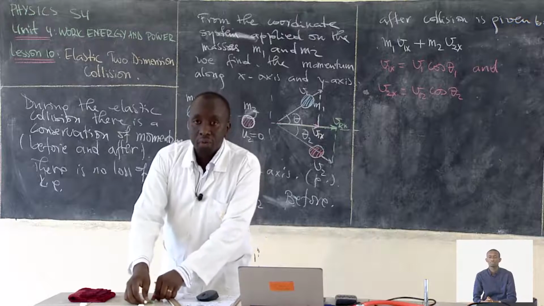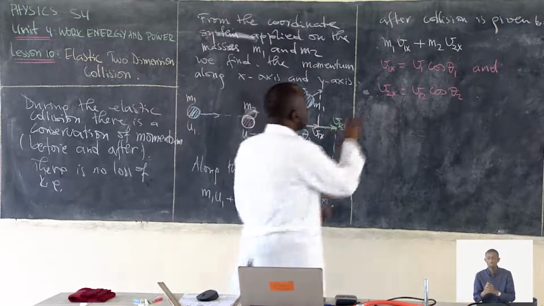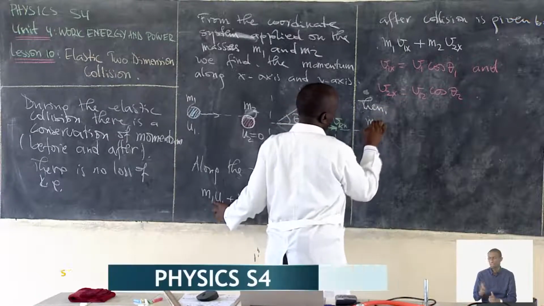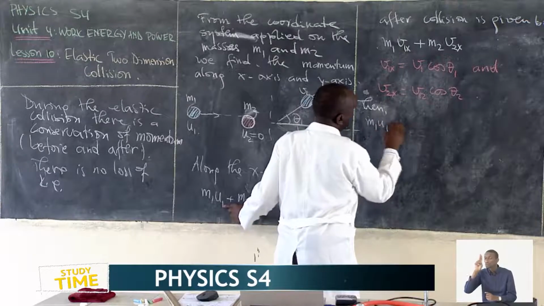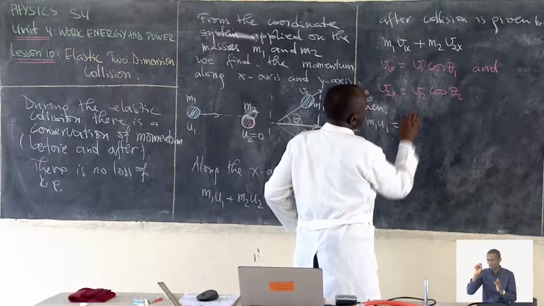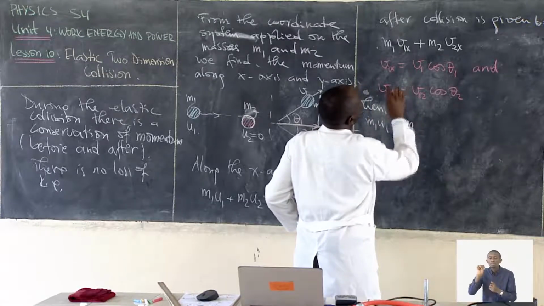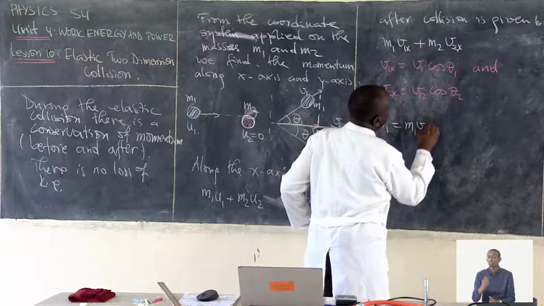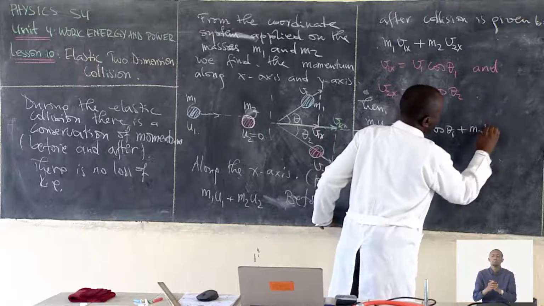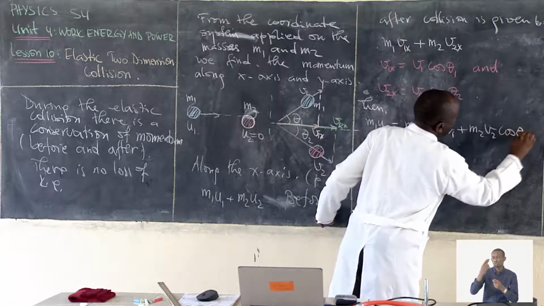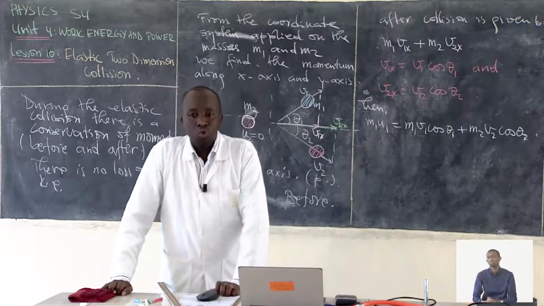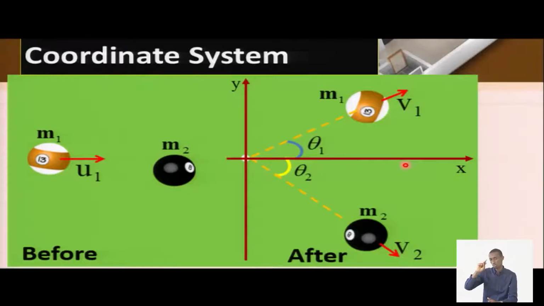And then students, that's what we came to do here. So we can find M1 U1 equal to M1 V1 cosine theta 1 plus M2 V2 cosine theta 2. This is the conservation of linear momentum along the x-axis.